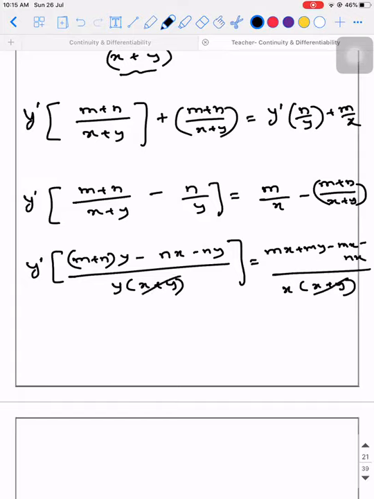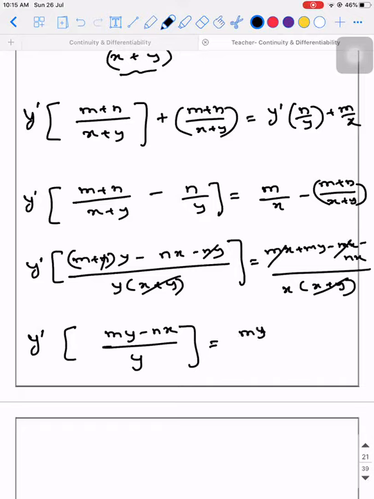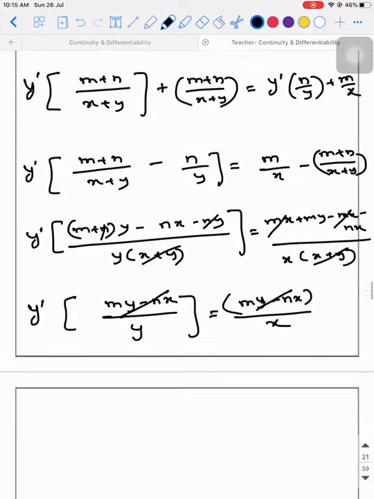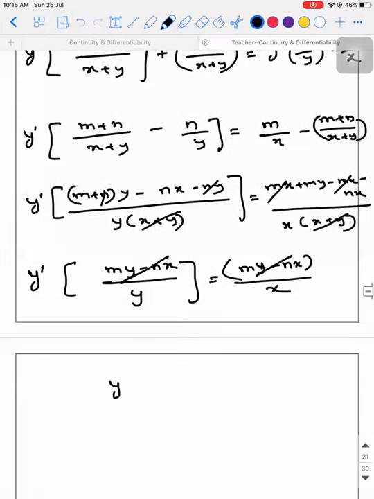The (x plus y) is gone, ny is gone. So y dash into (my minus nx) divided by y is equal to, here mx gone, (my minus nx) divided by x. So my minus nx will get cancelled. y dash will be equal to y divided by x.